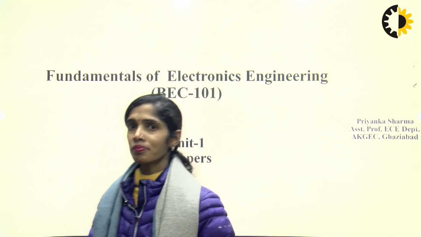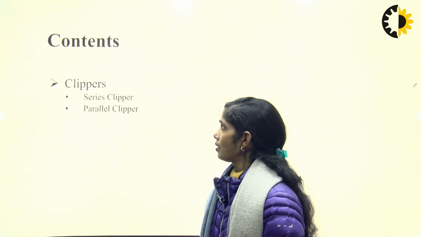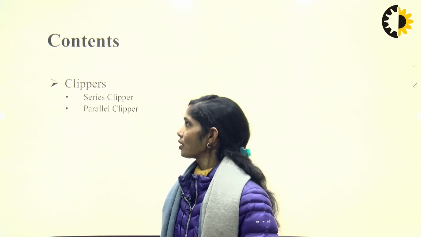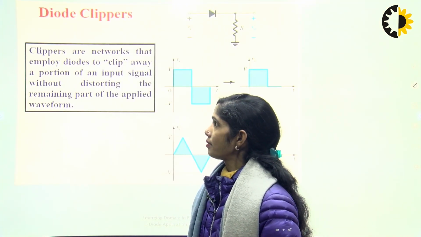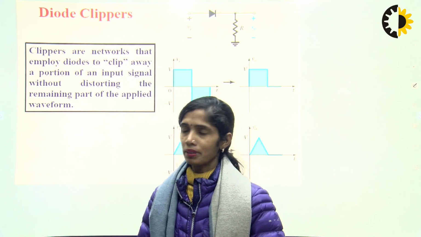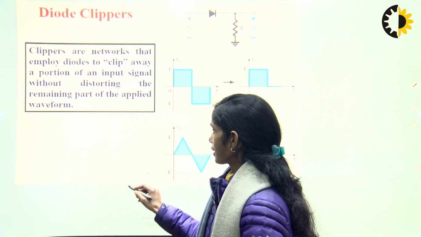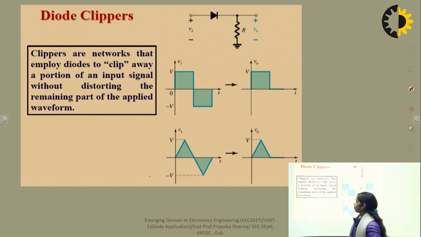First of all, clippers are basically of two types, series clipper and parallel clipper. We start with the basic concept of diode clippers. A clipper is a circuit which clips or removes some portion of the signal.